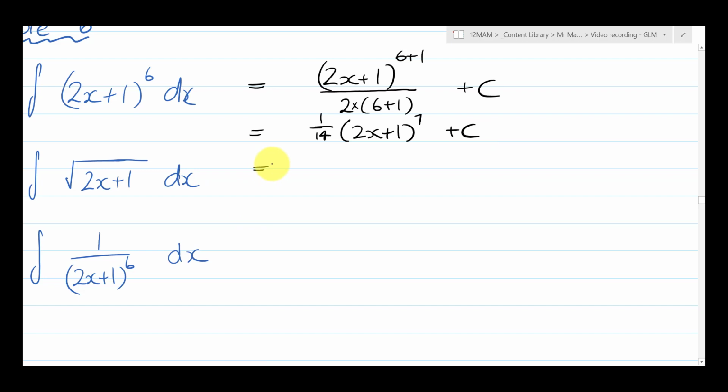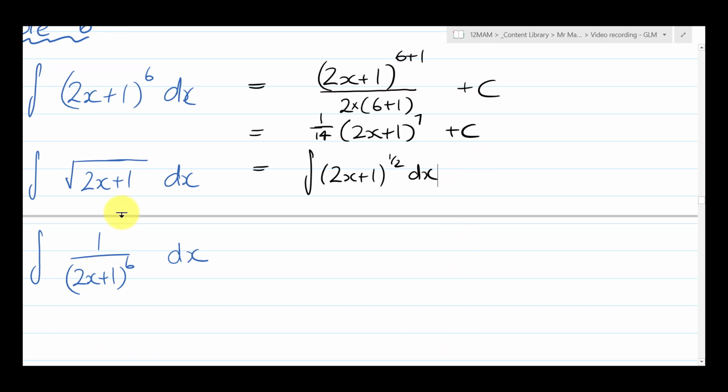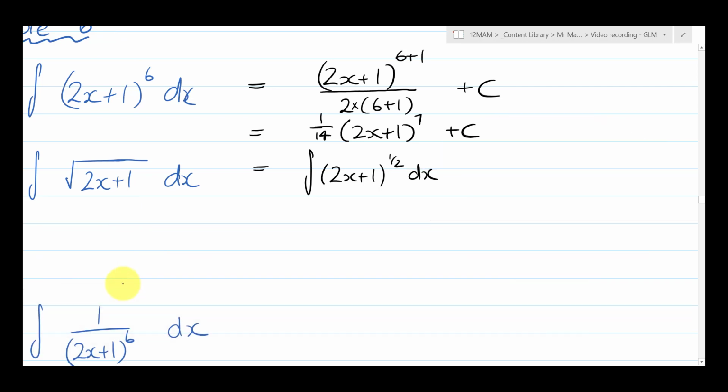Okay, now I'm going to do this one here. This is a rational function, but this becomes the integral of (2x + 1) to the power of a half with respect to x. And now I can do this, and I'm going to actually create space and work down just to show you appropriate working, because we should work down our page rather than sideways.